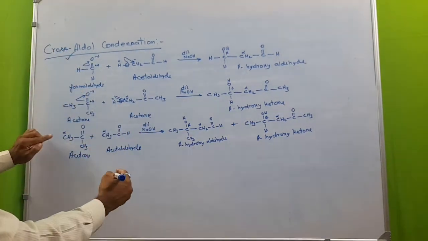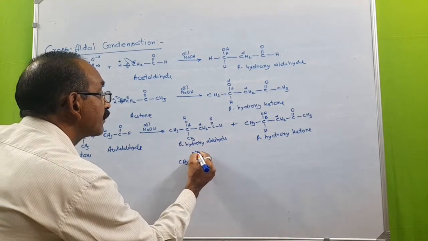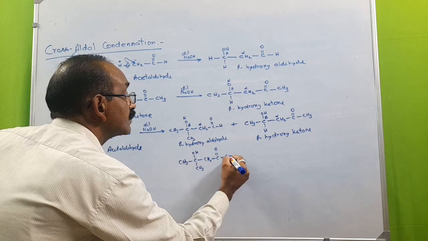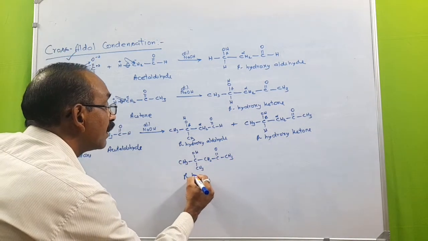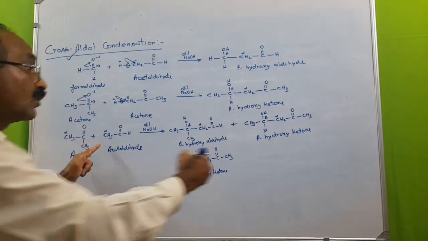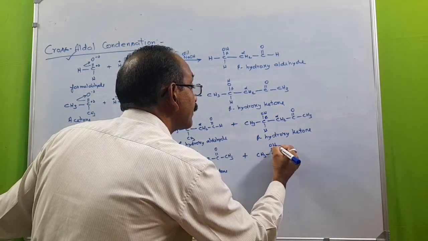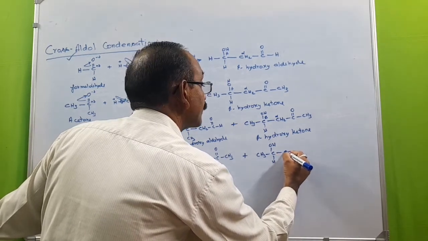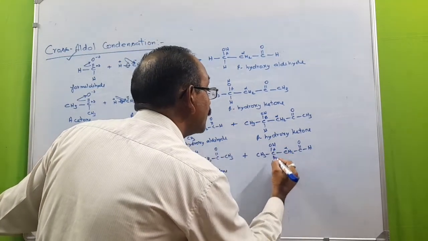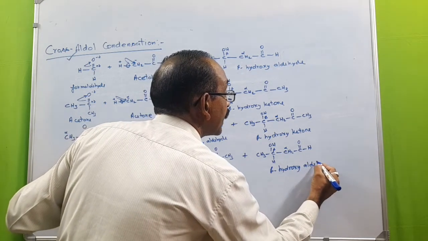If the two ketones condense together, here you will get the product, beta hydroxy ketone, and if two aldehydes condense together, see, this is alpha, this one is beta, we will get beta hydroxy aldehyde.